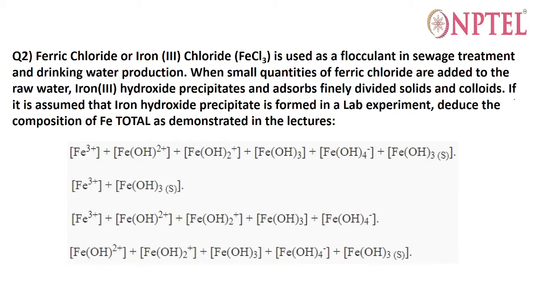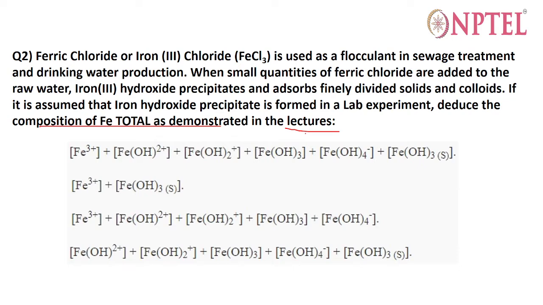And it is assumed that iron hydroxide precipitate is formed in a lab experiment. Deduce the composition of Fe total as demonstrated in the lectures. All of you know how to find out the components, the complexes with ligands like hydroxide.